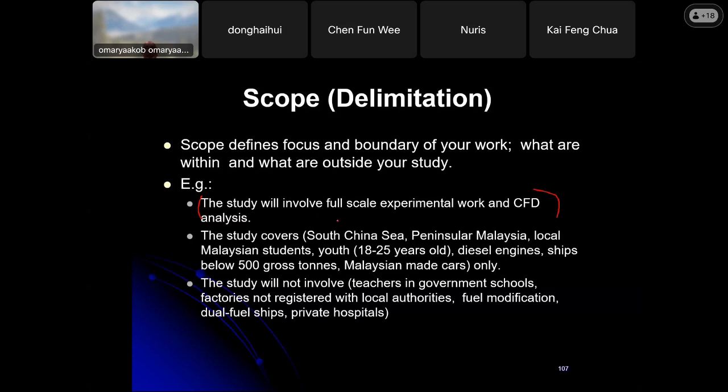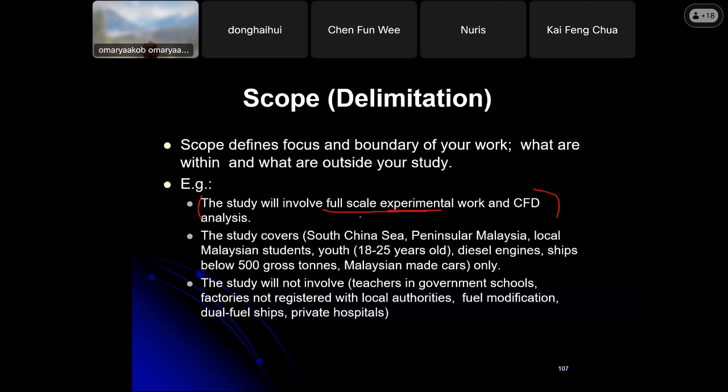Here, it's not really methodology yet, but you say the tool that you're going to use. So you explain here so that people know that you're not going to do something like a laboratory experiment. You're going to do full-scale experiment. Always think about what people say, what is included and what is excluded in your work, and why don't you study that? Why don't you do this?